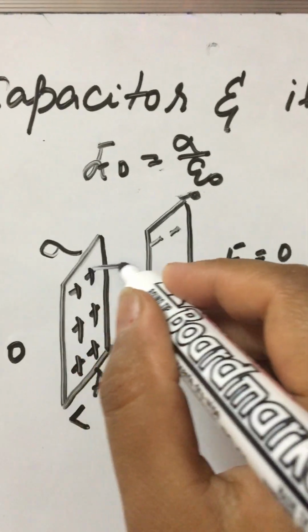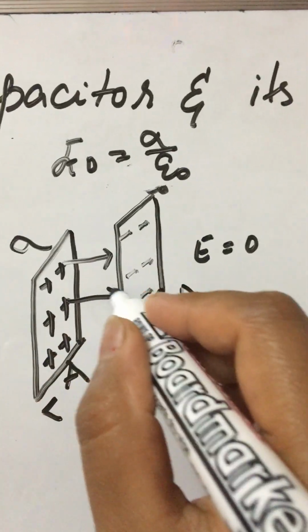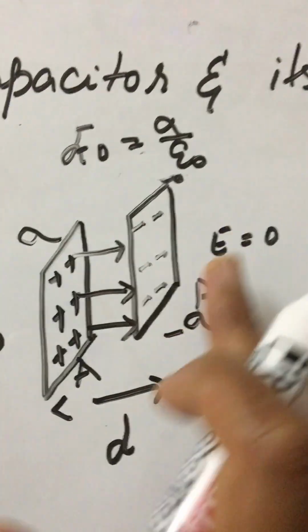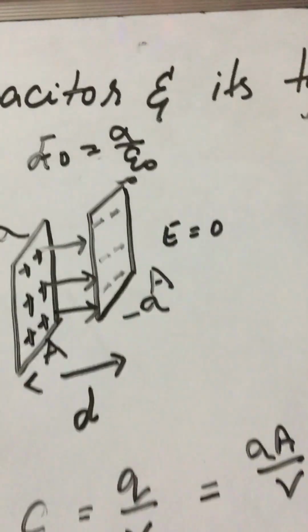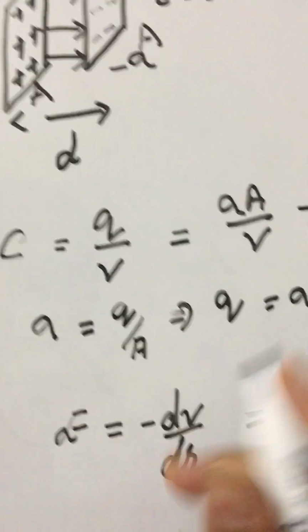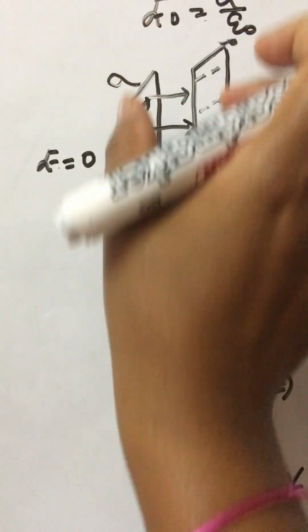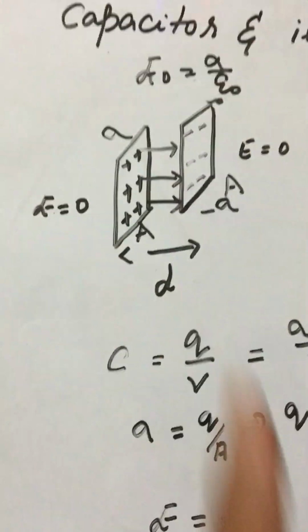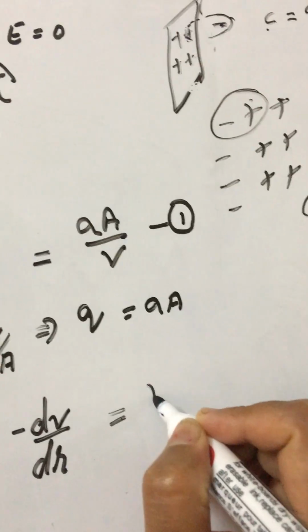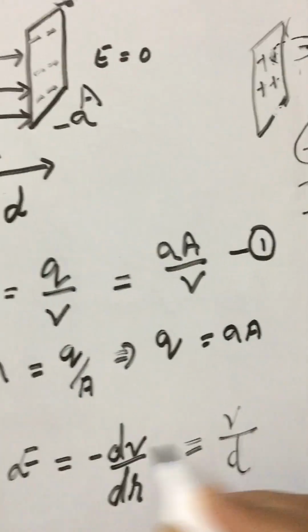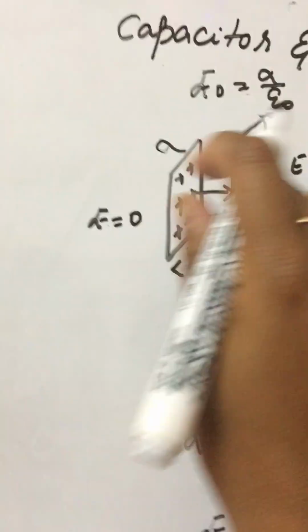And what is the direction of the electric field? This is the direction of the electric field, which means the potential is reducing from the first plate to the other. Let's call V the potential difference between the two plates, and the distance is D. The minus says the potential is decreasing.